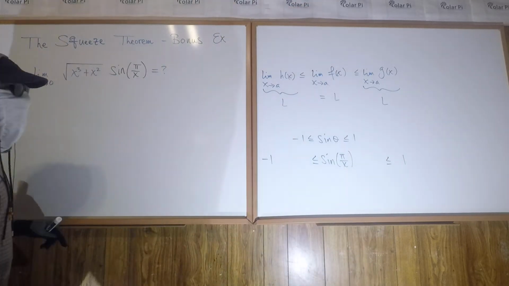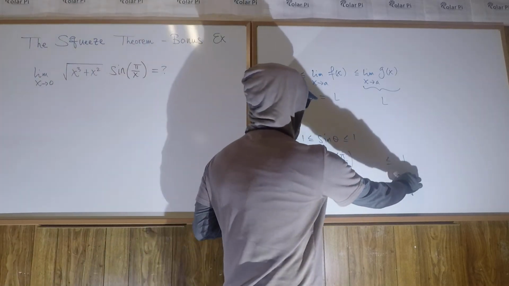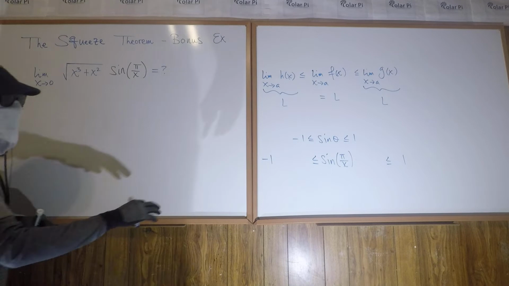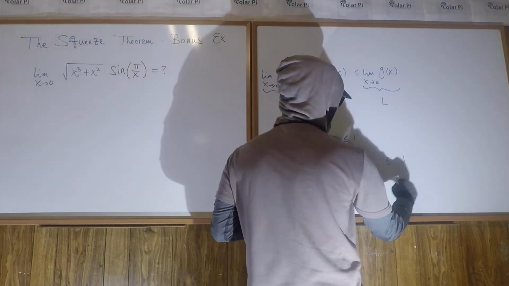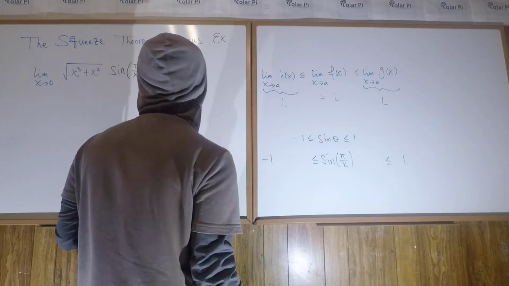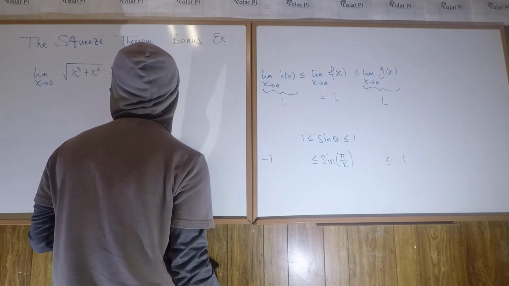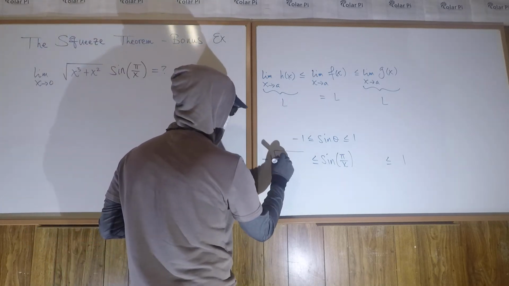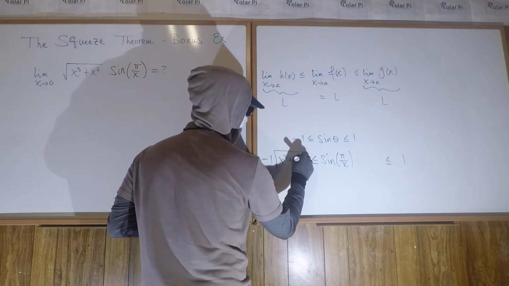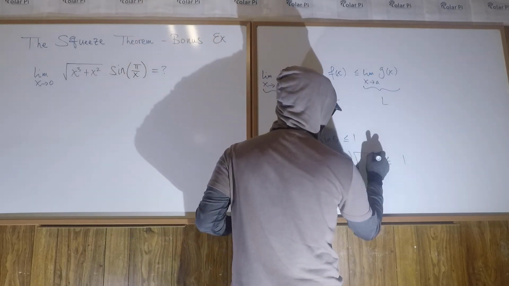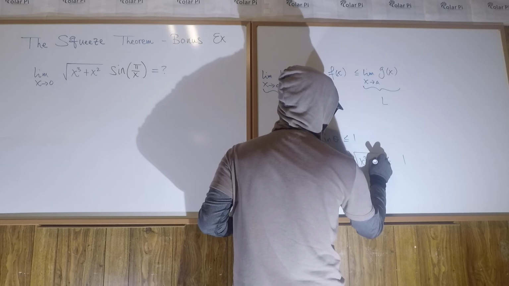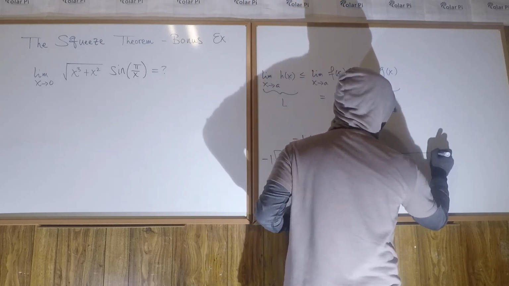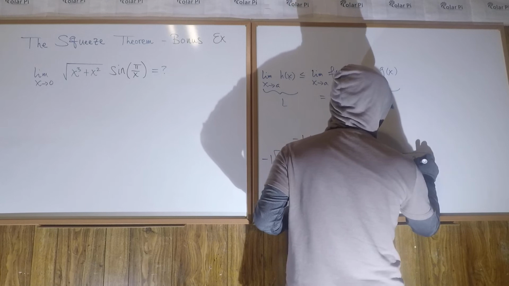Now if I take this inequality, and multiply on all three parts, the left part, the middle part, and the right part, by the square root of x cubed plus x squared, so I multiply by the square root of x cubed plus x squared here, and here also, and then here I have 1 times, so I don't even need to write the 1, the square root of x cubed plus x squared.